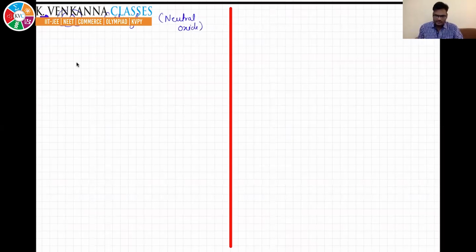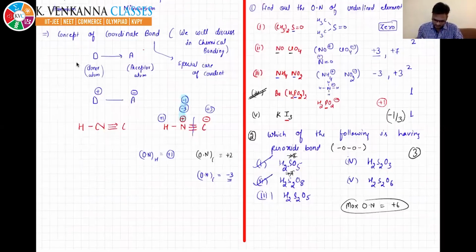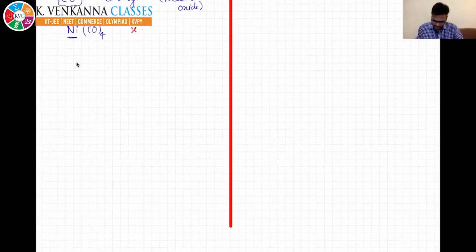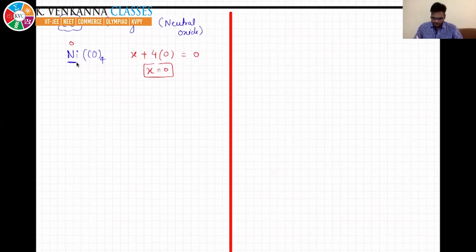So if you find some compound like NiCO4, and they ask the oxidation number of Ni, you can solve it like this: take x plus 4, and carbonyl is neutral, so it will have 0, so the total will be 0, so x will be 0. So in this case also the oxidation number of nickel is 0. This is also one of the most frequently asked questions, at least in practice tests. So I have already told you.